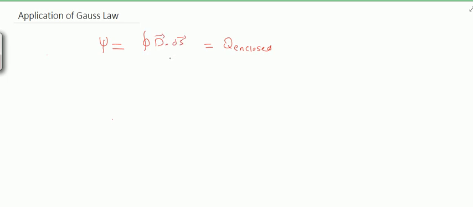D is the displacement flux density and dS vector is the surface we are taking, and it is a closed surface. The charge present inside that closed surface gives the total electric flux. This is Gauss law, and we have seen its differential form also.